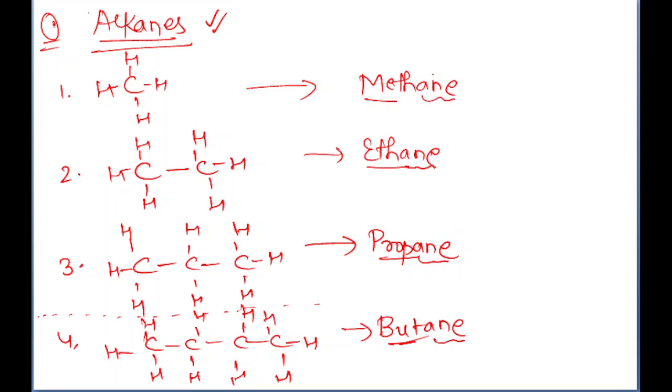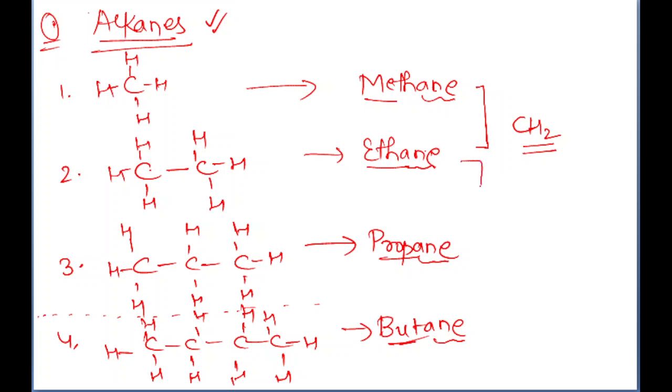Okay. Now just observe the difference of the elements in the first member and the second member. In the first member, methane, we have 1 carbon. In ethane we have 2 carbons. So the difference is of 1 carbon. Then in methane we have 4 hydrogens, and here we have 6 hydrogens. So the difference is of 2 hydrogens.